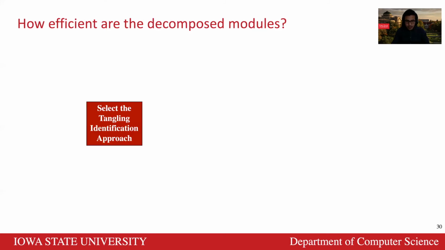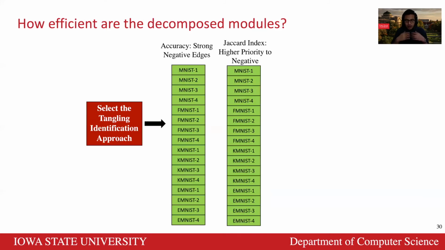We found that in terms of accuracy, training only the strong negative edges performed the best over all the tangling identification approaches. We measured the Jaccard index to identify tangling constants among modules. We found that utilizing the TIHP technique, where higher priority has been given to the negative examples to update the edges, the lowest Jaccard index can be achieved.